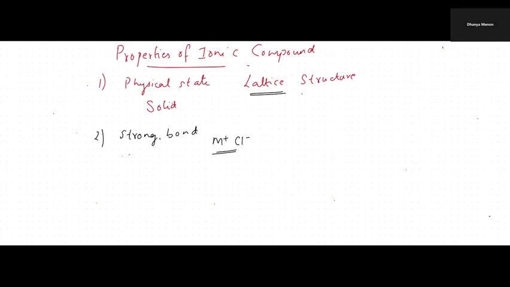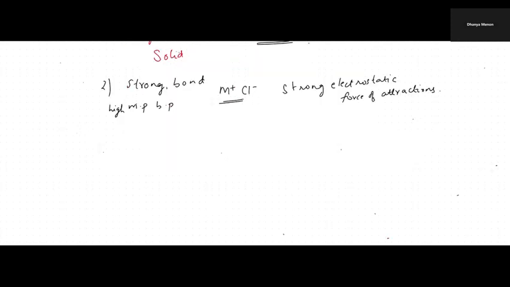So they have high melting and boiling points because of the strong electrostatic force of attraction between the oppositely charged ions.